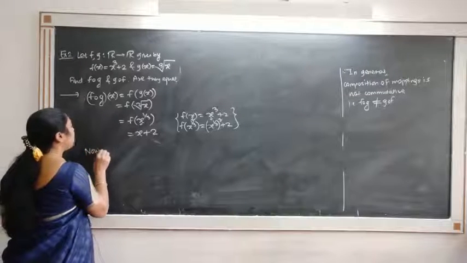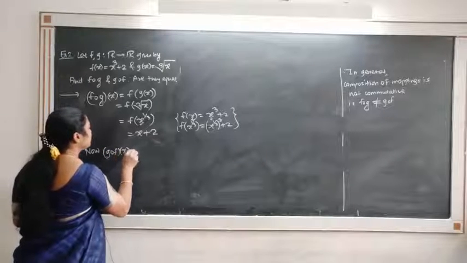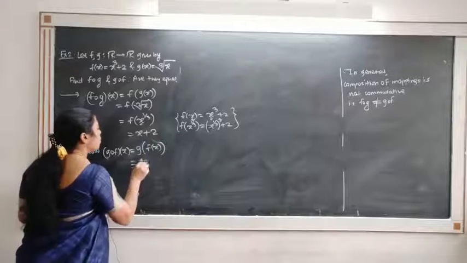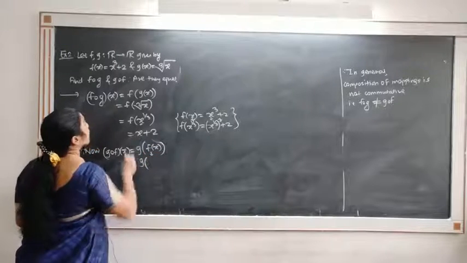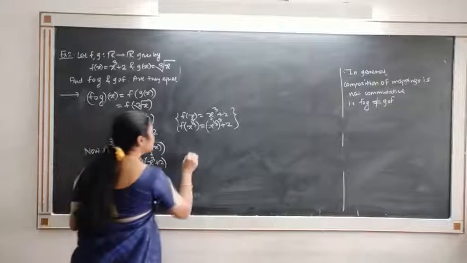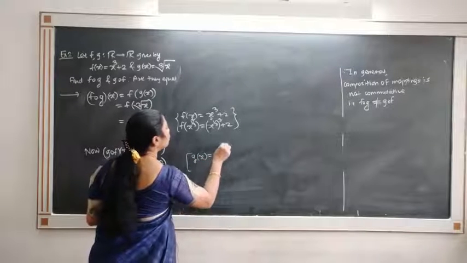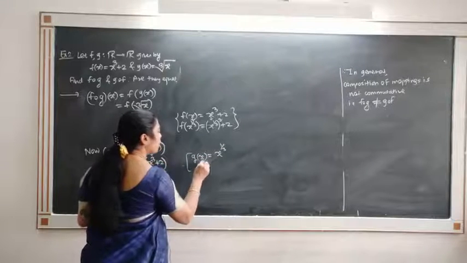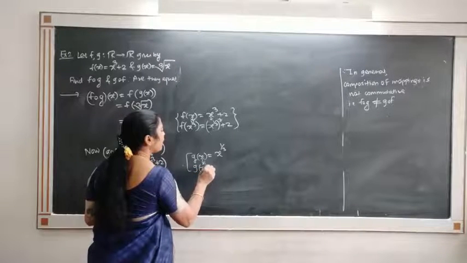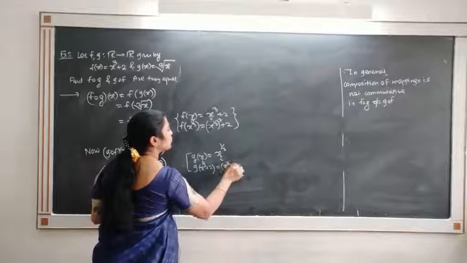Now find what is g composite f of x. It is nothing but g of f of x. Put the value of f of x. f of x is nothing but x cube plus 2. Now observe what is the value of g. We have g of x is equal to cube root of x, that is x raised to 1 by 3. Now only replace x by x cube plus 2. Whenever there is x, we have to replace it by x cube plus 2.